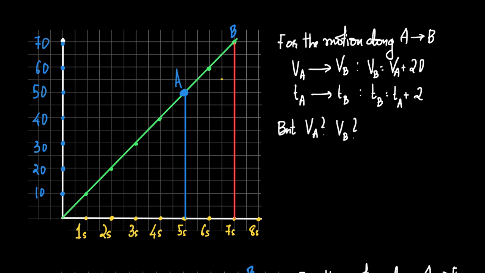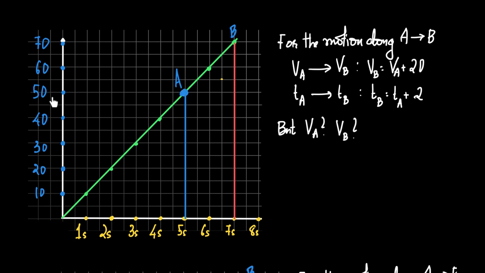So we know that for the motion along the path AB, velocity changes from VA to VB, where VB is actually 20 more than VA. Time changes from TA to TB, where TB is TA plus 2. But where is this AB present?